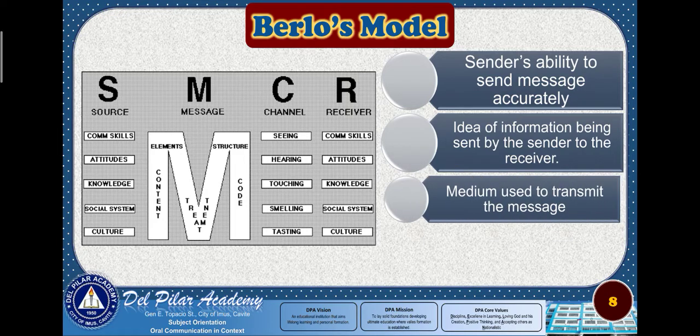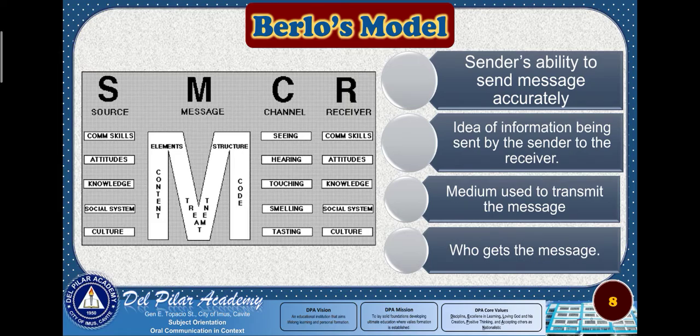And the channel is the medium used to transmit the message, and the receiver is the one who gets the message. And this SMCR are being influenced by the different elements that are written under them.